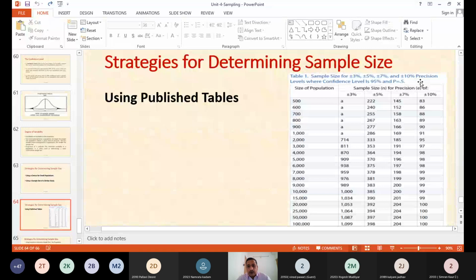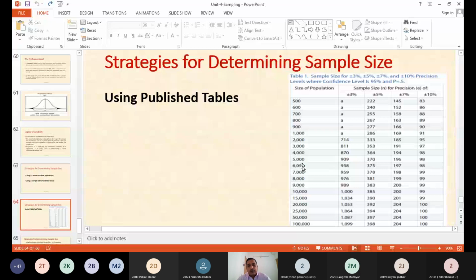So as per this table we can select the sample size for a particular population. For example, if the population is 6,000 and we want a plus or minus 3% precision level, we can select 938 subjects for the particular study.